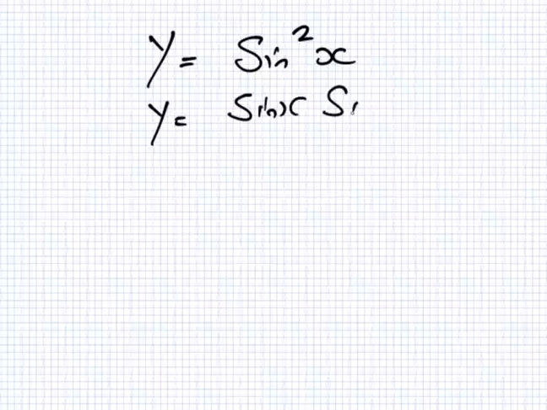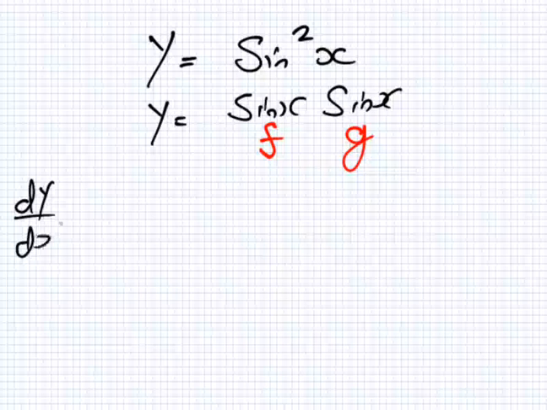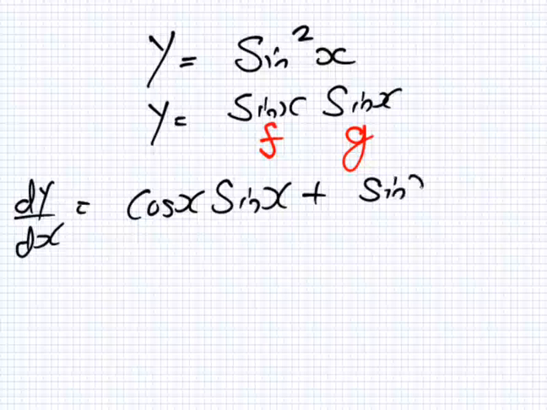Okay, so let's have a look at some examples of using the product rule now. So let's go back to the example of y equals x squared. What should the answer be? 2x. Let's test it using the product rule.